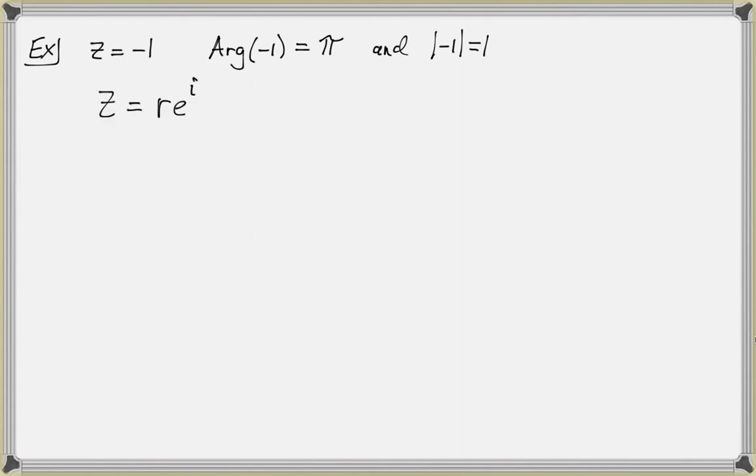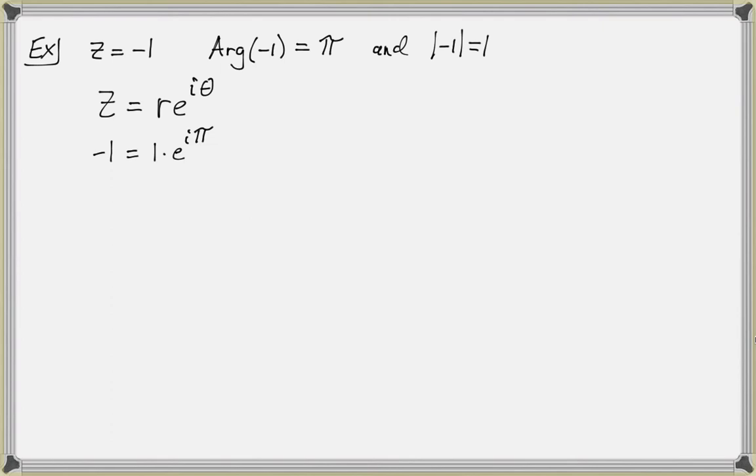Let's look at one more example for the number z equals negative 1. Well, the principal value of the argument of negative 1 is pi, and the absolute value of negative 1 is 1. And so in the exponential form z equals r e to the I theta, we get that negative 1 is equal to 1 times e to the I pi.